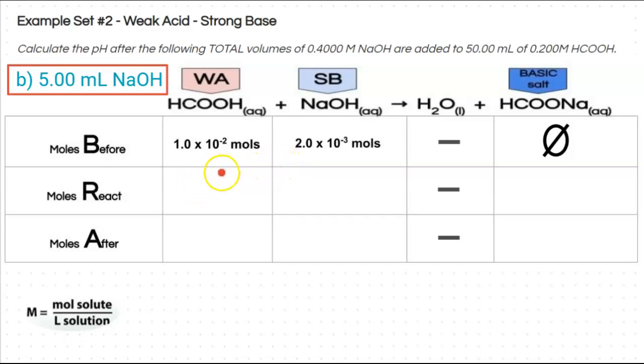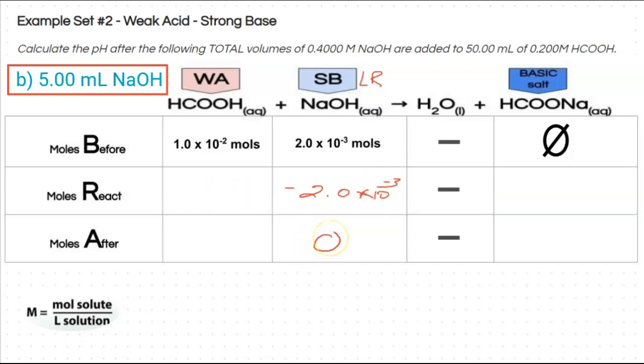So the ratio is 1-to-1. Looking at these values, the sodium hydroxide is smaller, and so the sodium hydroxide in this step of the process is going to be my limiting reactant, which means it's going to be entirely used up. So I'm going to use all of the sodium hydroxide, so I'm going to lose 2 times 10 to the negative 3rd moles.